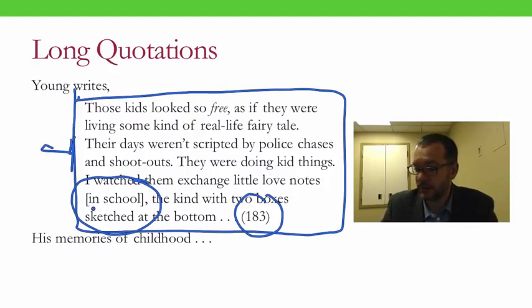So in this case, the words "in school" were added by me to the example. Also, if you omit a word or words from a quotation, you should indicate that words were deleted with an ellipsis, which is this: space, period, space, period, space, period. This is done, again, to point out a change to the original quotation.